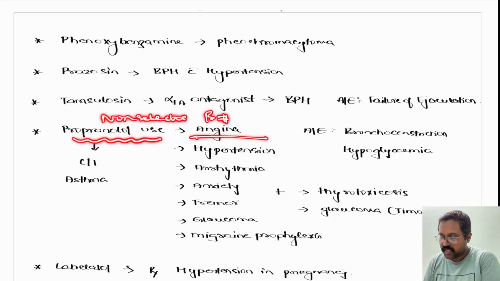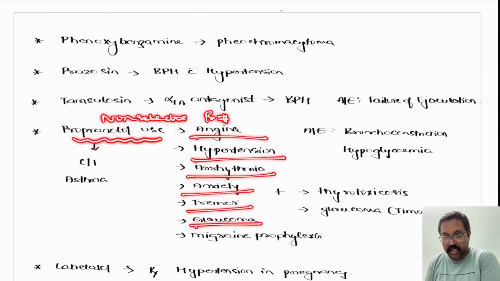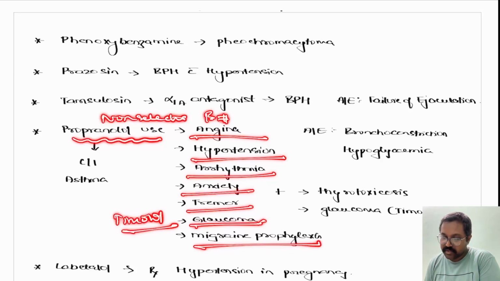They are used in the treatment of angina, hypertension, arrhythmia, anxiety, to treat tremors, and glaucoma. For glaucoma we use cardioselective beta blockers like timolol, carteolol, etc. They are also used in migraine prophylaxis, and to treat the sympathetic activity which is increased in case of thyrotoxicosis.